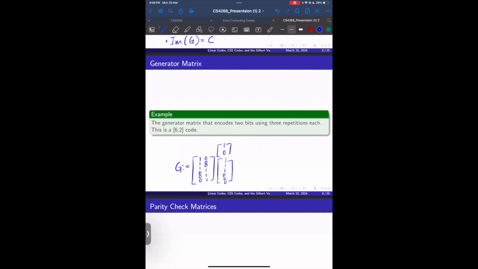Whatever it is, the second one will get repeated 3 times because of this, and the first one will get repeated 3 times because of this. So this is an example of a generator matrix for the repetition code.